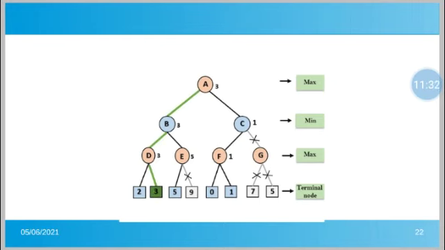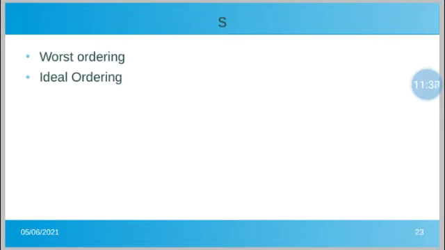So your path will be A to B, B to D, and D to 3. Now there are two types of ordering. First is worst ordering and second is ideal ordering. So worst ordering means we are searching the whole tree like the minimax algorithm.